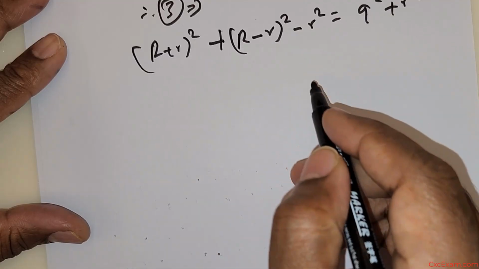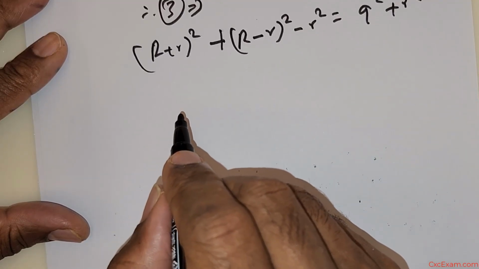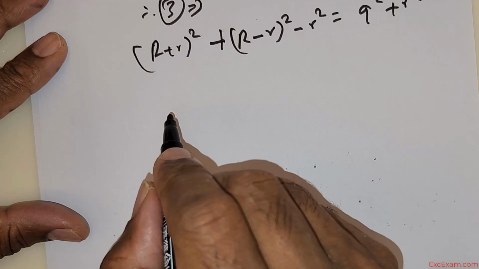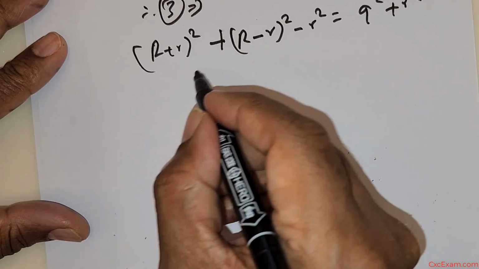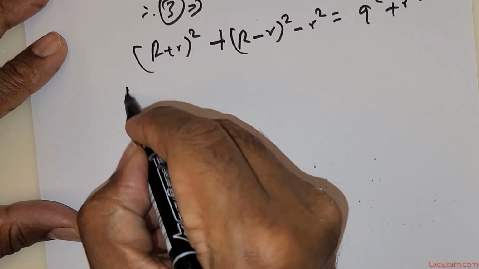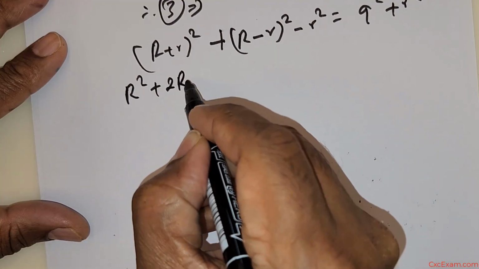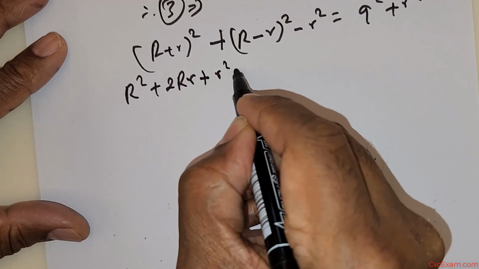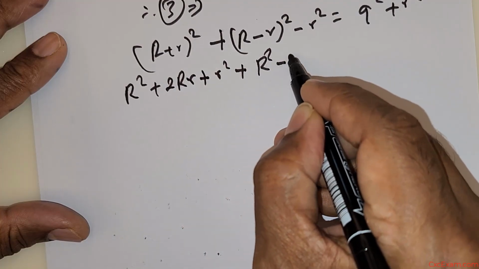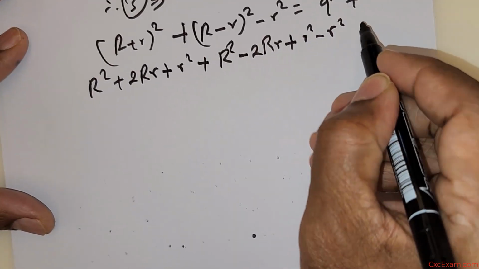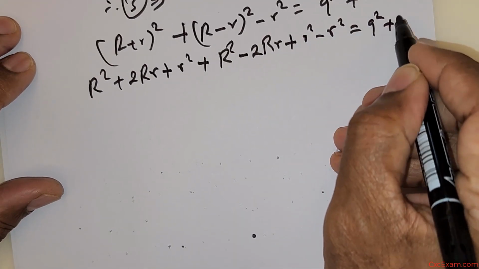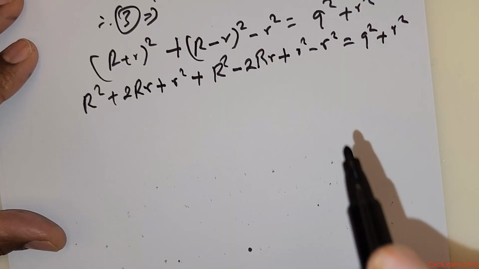Now we can expand these two things and simplify. So let us see what we are getting. This is going to be R squared plus 2 times R r plus r squared, plus R squared negative 2 times R r plus r squared, negative R squared is equal to 9 squared positive r squared.